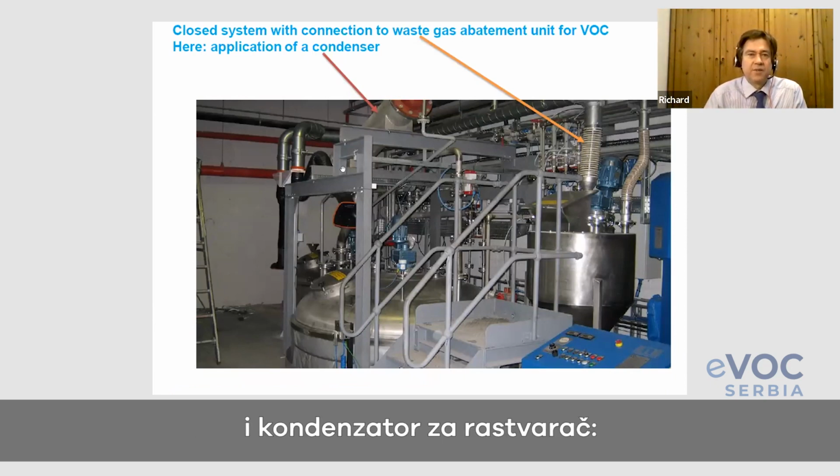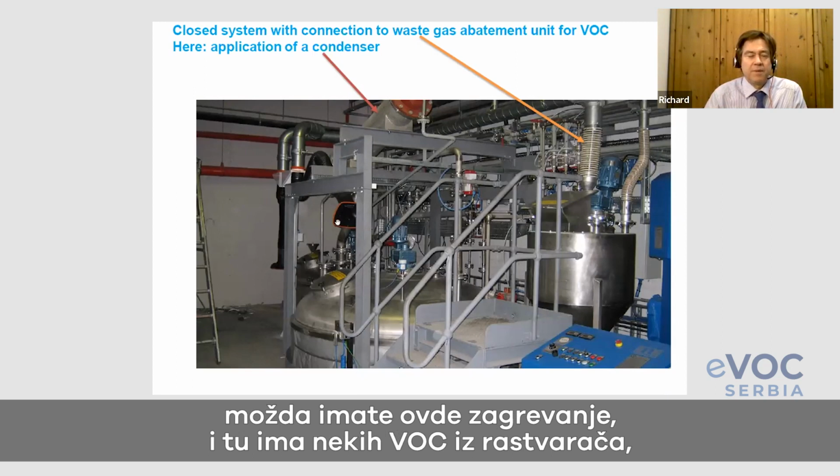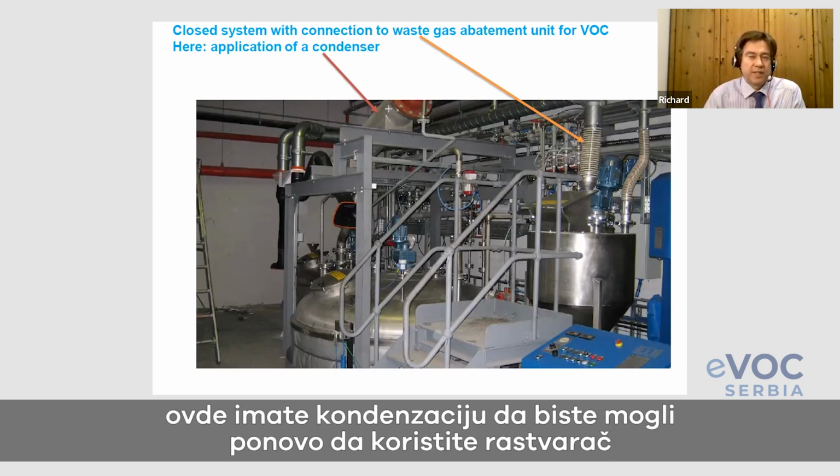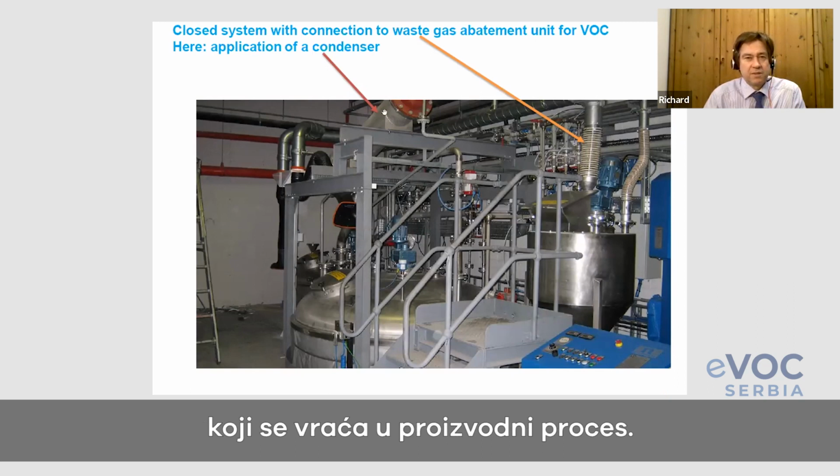And here you see a condenser for the solvents. So you have maybe some heat, and you have some VOCs and solvent from the solvents. So you do condensation here, so you can reuse the solvent that can get back here into this manufacturing process.